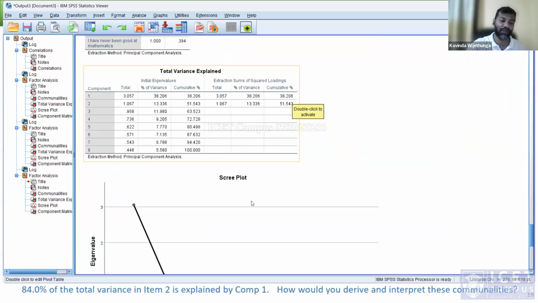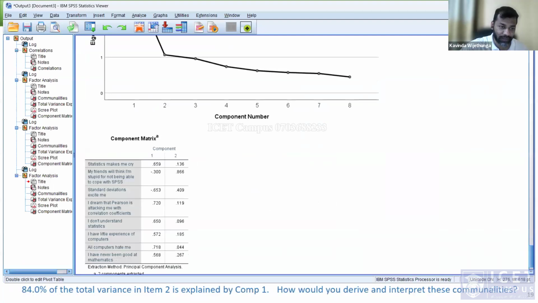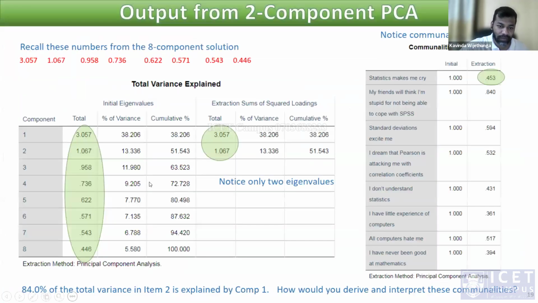We are going to extract 2 components, right? 84.0% of the total variance in item 2 is explained by component 1, right? Okay, so here you can see the 2 eigenvalues.